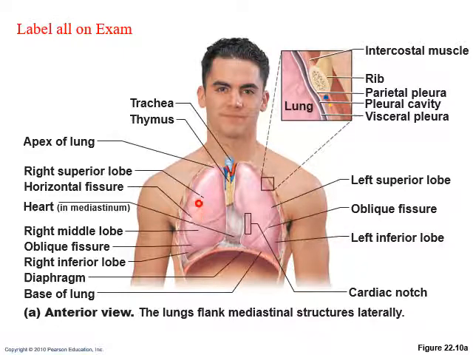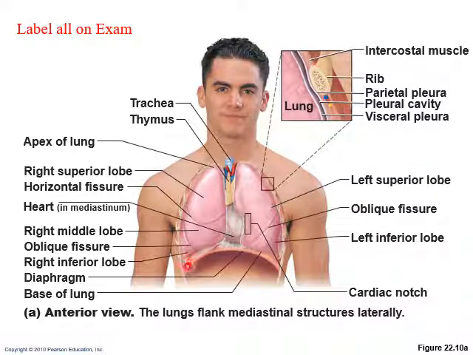You've got the right superior lobe of the lung. Horizontal fissure goes between the superior and the middle lobes. This is the middle lobe. Then you've got the right oblique fissure, which goes between the middle lobe and the inferior lobe of the lung. You've got diaphragm. You've got base of the lungs.